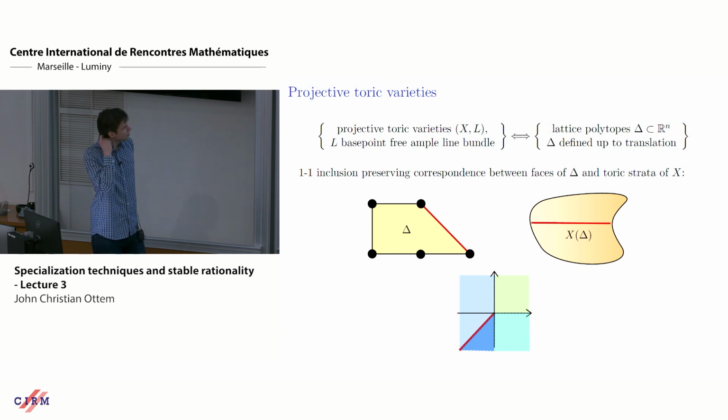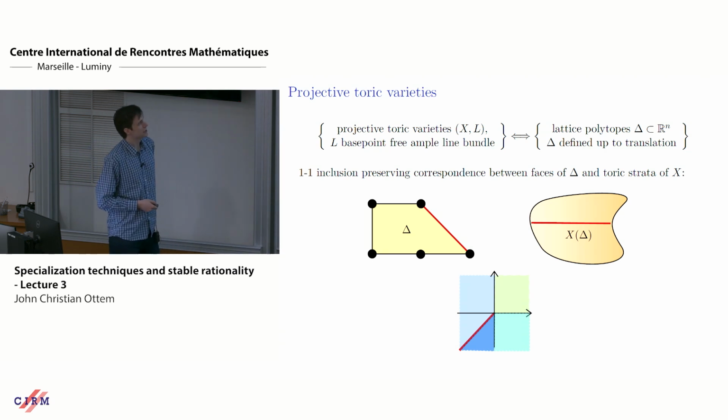I think I do assume that you're familiar with toric varieties, so that there's this correspondence between projective toric varieties, which are polarized by some ample line bundle, and polytopes. So every lattice polytope gives you a toric variety just by taking the normal fan of the polytope.